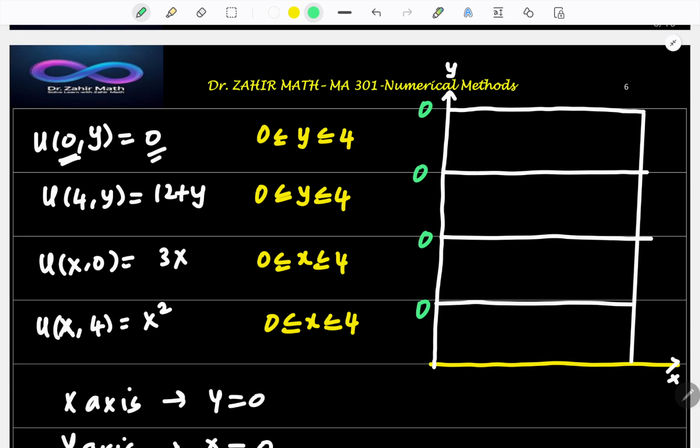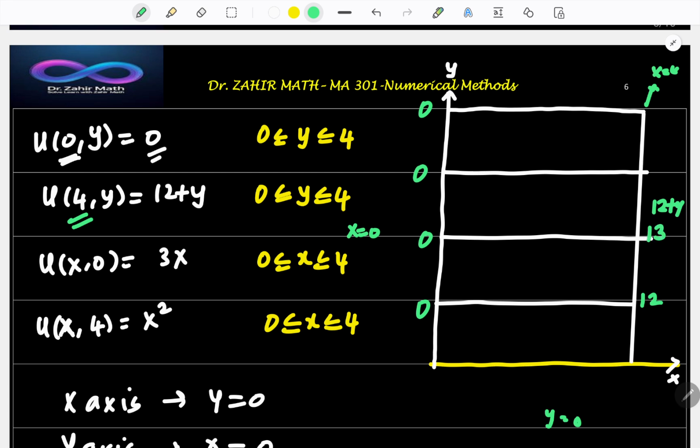And when x is equal to 4, this line is the last line, the line x is equal to 4. So when x is equal to 4, the function is 12 plus y. So this is y equal to 0, and you will get 12.